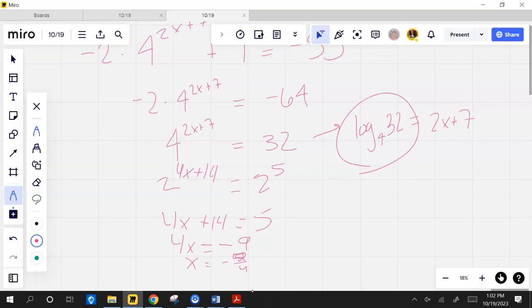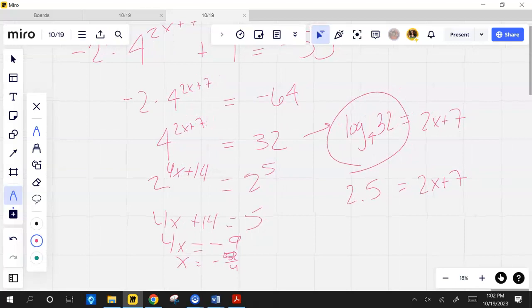Square root, yes. No, 2, 4, 8, 16, 32. 9, 5. He made the bases the same and then set the exponents equal.